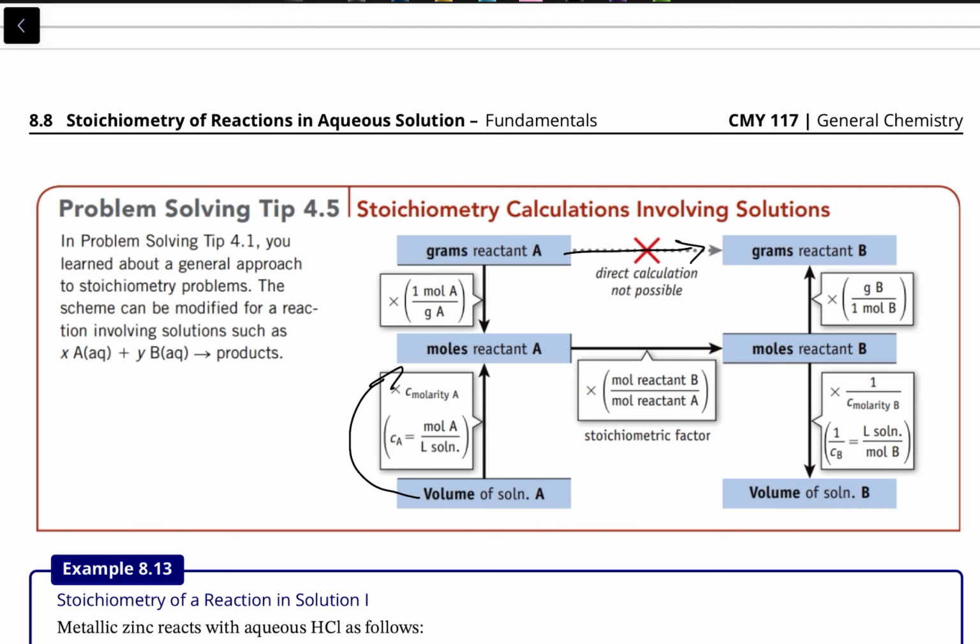So whenever you're doing any calculations with a chemical reaction, trying to determine limiting reagents or whatever, and you're given a concentration, you need to use the volume of that solution, its concentration, and work back to the mole of that reactant, relate it using the stoichiometric factors given in a chemical equation to another reactant, and only then can you look at the rest of the information, meaning whatever you're asked for about the products, or maybe about the different reactants.